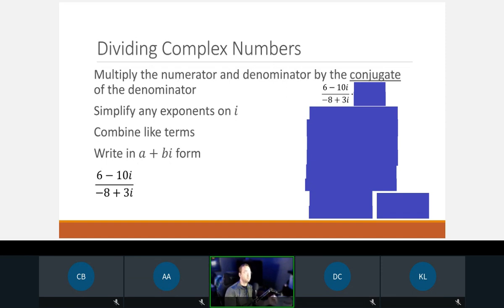So we have to multiply top and bottom by the conjugate pair of the original denominator. So do any of you know or remember what a conjugate pair is?